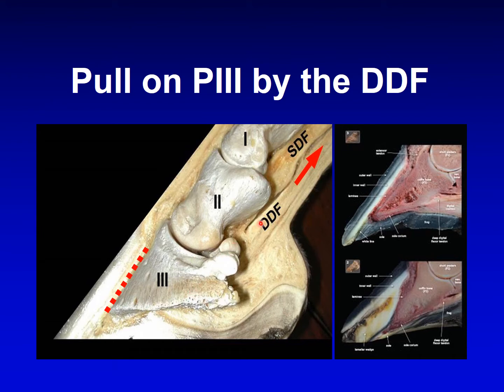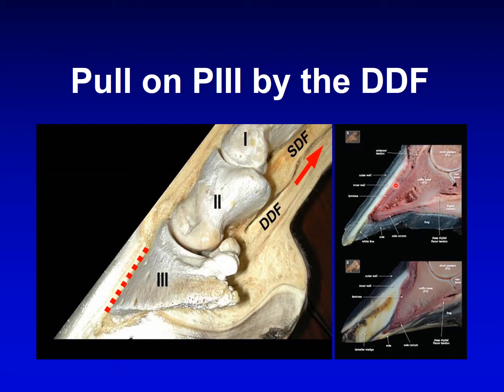So the continuous pull will separate more P3 from the hoof wall, and that is what we call rotation of P3. This is shown here. The relation between P3 or the coffin bone and the hoof wall should be a parallel relationship.